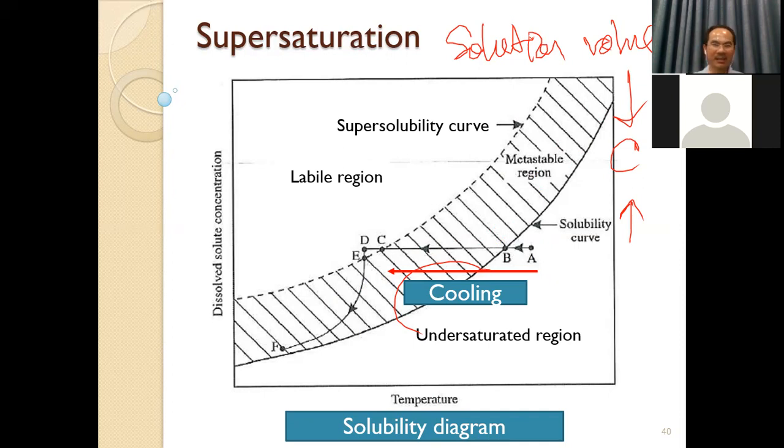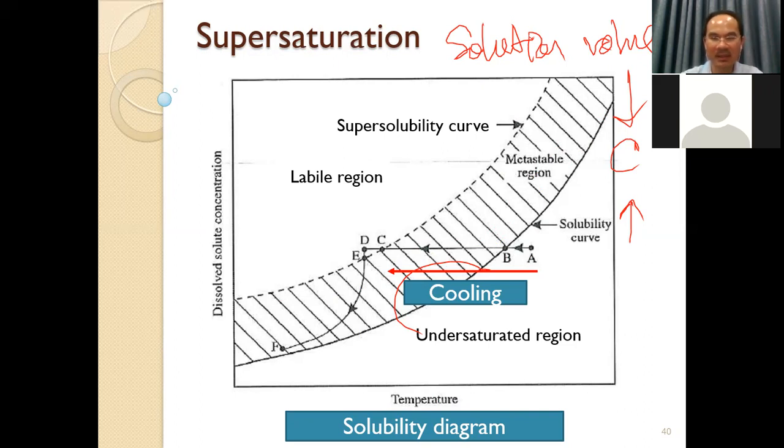This is the evaporation technique, like when you produce salt or sodium chloride by the evaporation technique. You can produce sugar by evaporation, or you can produce sugar by cooling crystallization. This is the basic mechanism for crystallization by two types: evaporation and cooling.